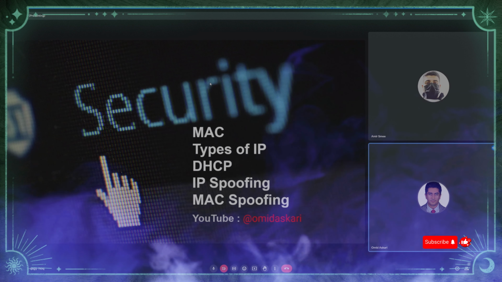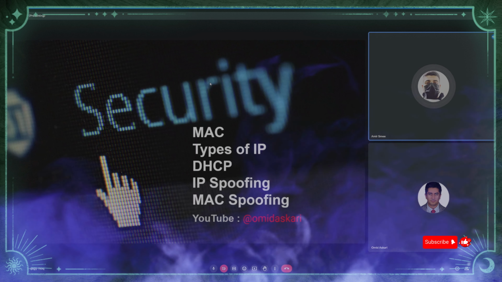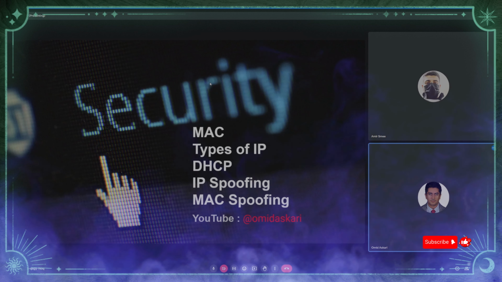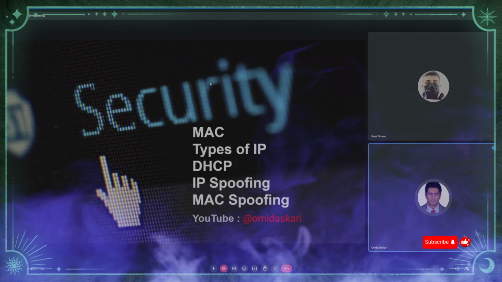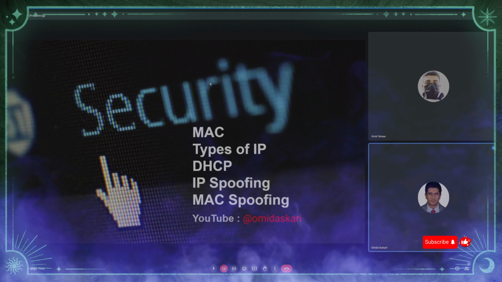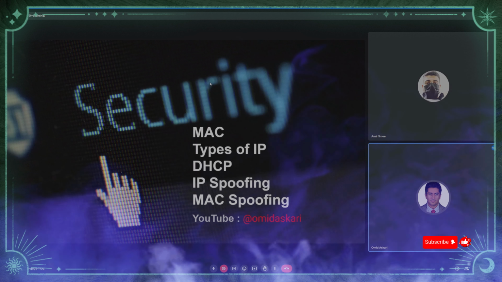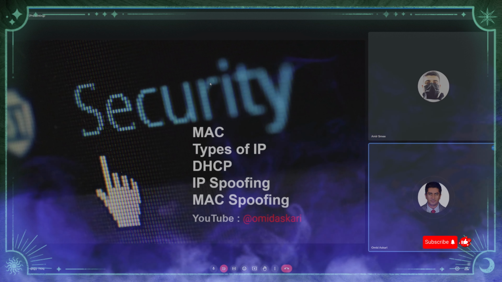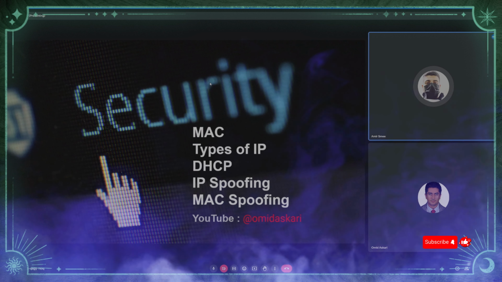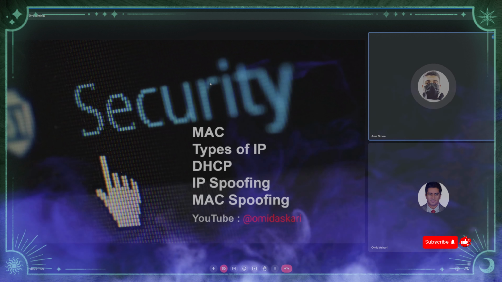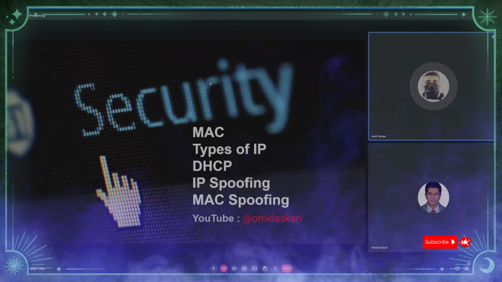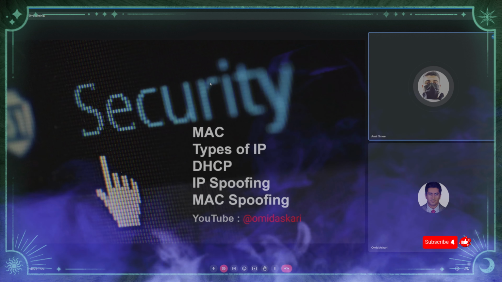You talked about IDS. My last question for the end of this session is: what is the difference between IDS and IPS? IDS stands for intrusion detection system, but IPS stands for intrusion prevention system.